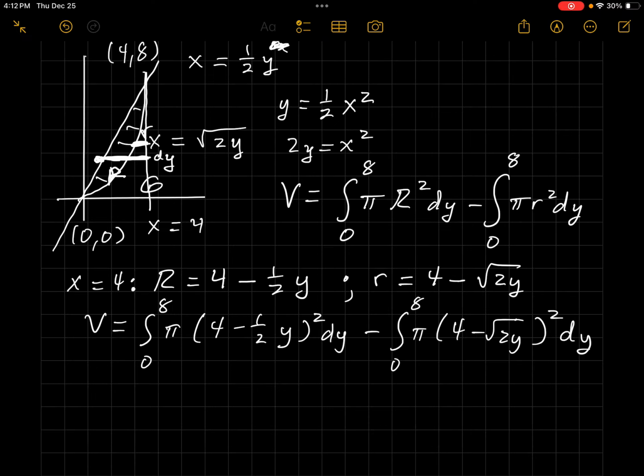What if we were to revolve this about the y-axis, that is x equals 0? So if you'd like to, stop the video here, draw your picture, draw your radii. There will be 2 radii. And then when you come back, I will put down the integral for you that gives the volume.